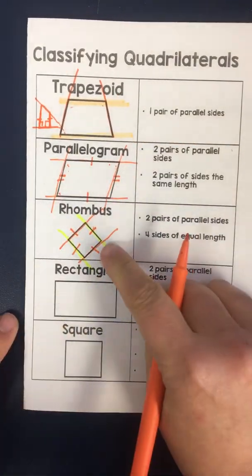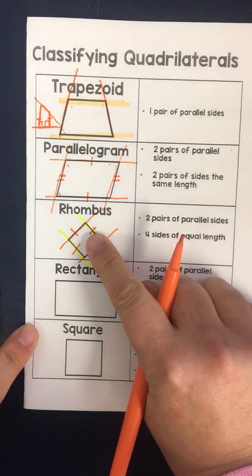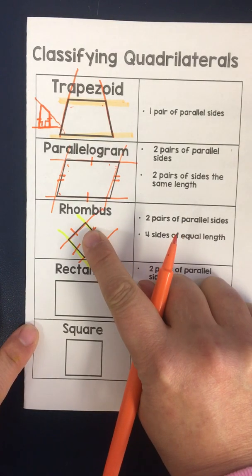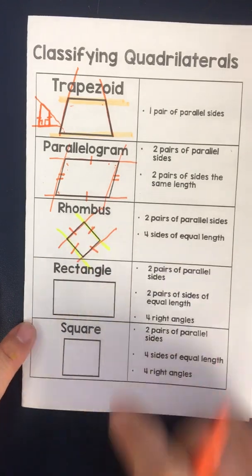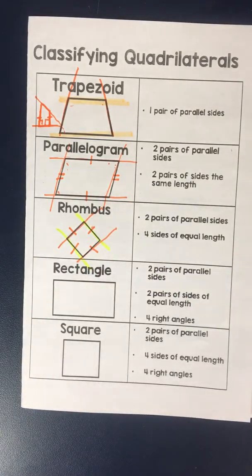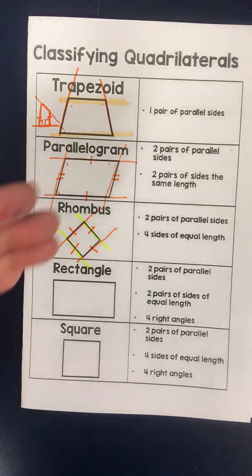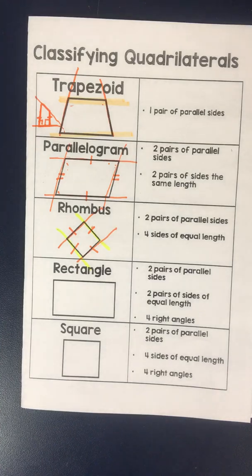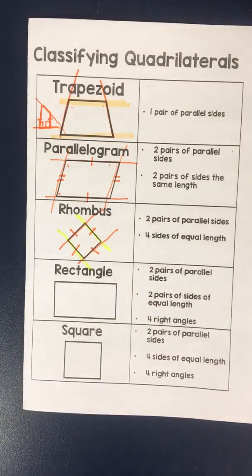Now the difference is that not all rhombuses have 90-degree angles. Some of them have 2 acute and 2 obtuse. Think of your little diamond shape, that's more acute and obtuse. But they can have 90-degree angles, just like the square, and we're going to talk about these and really get into classifying them. But just knowing these in general is very important.